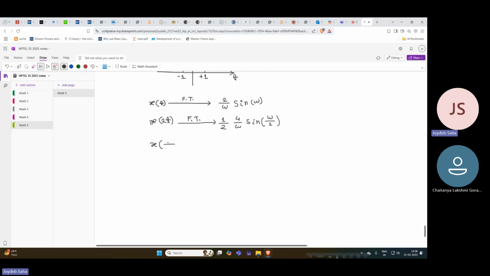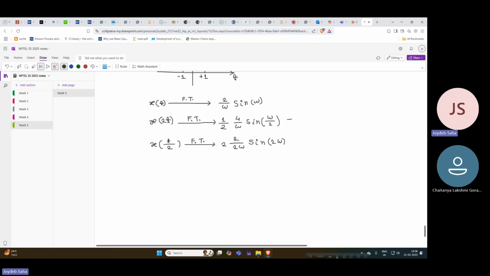And x of t by 2, its Fourier transform will be 2 times X of 2 omega, that is 2 upon 2 omega sine 2 omega.